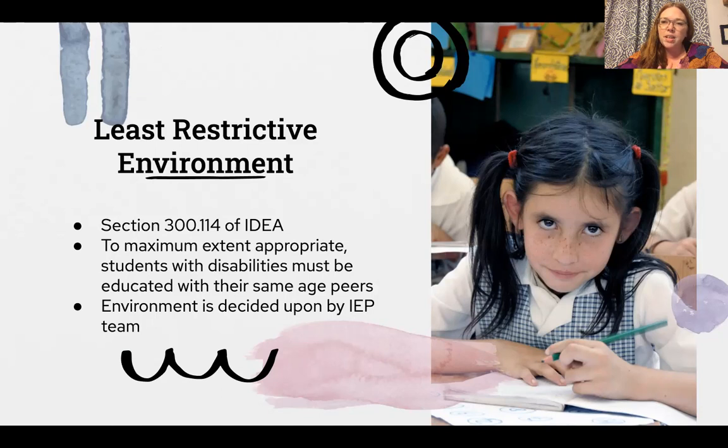So we have to take things into consideration. We have to look at the environment. We have to look at what supports we can put in place so that those kiddos can be educated with their same age peers. And this environment is decided on by the individualized education plan team. So it's not up to any one individual to decide what environment is most appropriate, but it should involve the entire team.